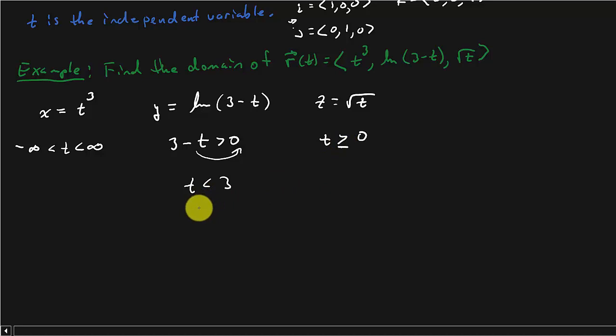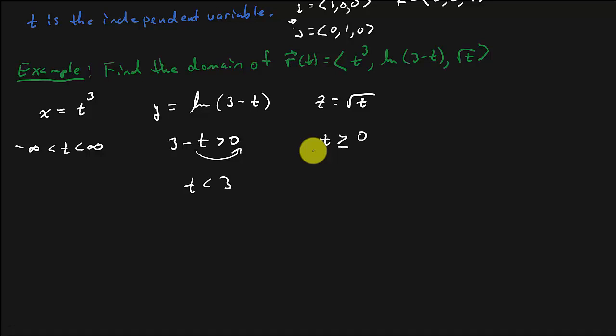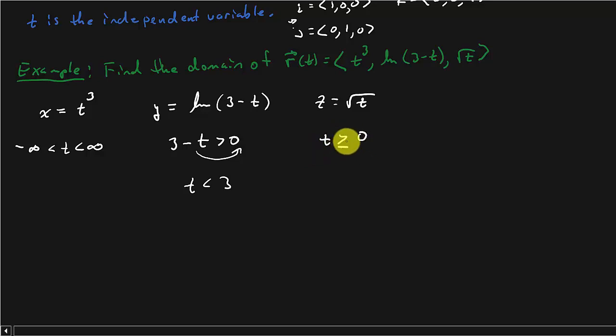And here it has to be less than 3. So everything that's negative is out. We can't use any negative numbers for t, because for this one, it says it has to be greater than or equal to 0.